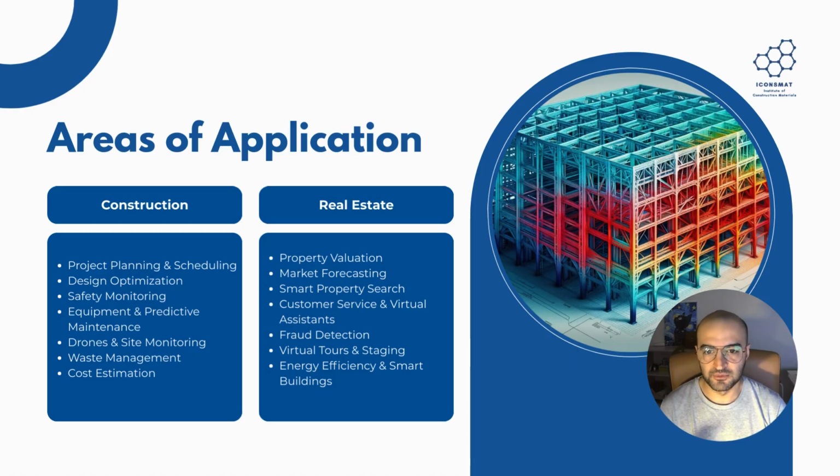On the other side, when we are focusing on the applications of artificial intelligence in real estate, some of the key aspects would be property valuation, market forecasting, smart property search, customer service and virtual assistant, fraud detection, virtual tours and staging, energy efficiency, and smart buildings. That would fall under strata management as well.